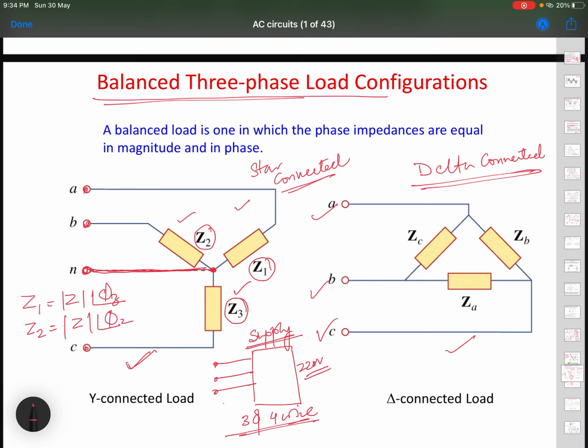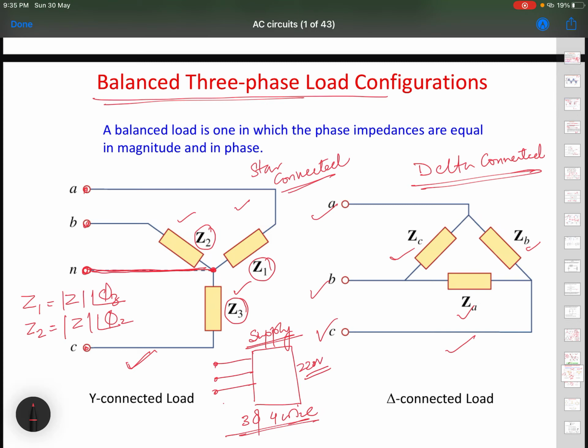Only then are they said to be a balanced three-phase load. Here also ZA, ZB and ZC are the three-phase loads, and if they are balanced, that means ZA, ZB and ZC are all equal in magnitude as well as phase. That makes our system analysis very simple in certain ways. If you have a balanced system, our analysis becomes very simple.